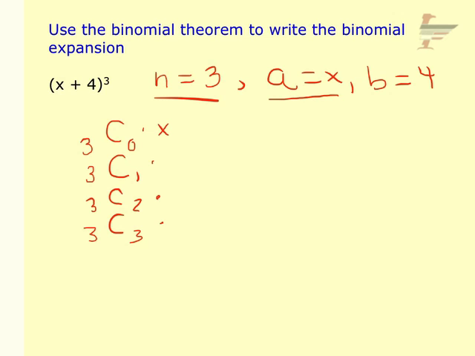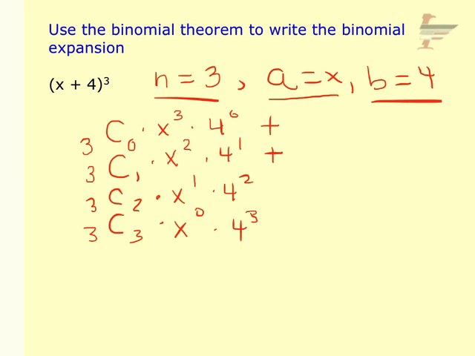So I'm going to take x and you raise it to the power of 3, and then you go down to the power of 2, down to the power of 1, and down to the power of 0. And then lastly, you move to your b value, which is 4, and you do the opposite pattern, still multiplying all of these. So it's 4 to the 0, 4 to the first, 4 squared, and 4 cubed. Then you add together all of these pieces.